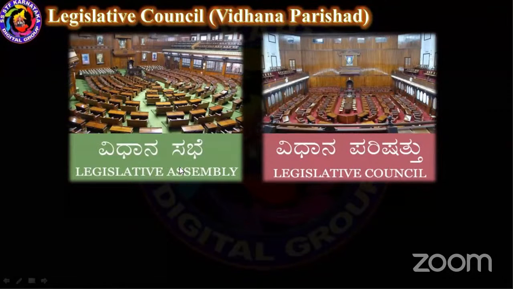Or anyone else who knows the answer can tell. 224. That is not it. 225, 75. Yes, that is right. 225 is the legislative assembly. Here I have asked a question on the legislative council members. Legislative council members, that is 75, correct.